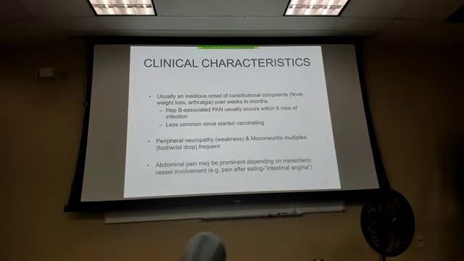Peripheral neuropathy, so we talked about the weakness. We also talked about the foot and wrist drop. Those things are frequent. If this is associated with PAN, it's likely that they could have some of that. Abdominal pain may be prominent depending on mesenteric vessel involvement.